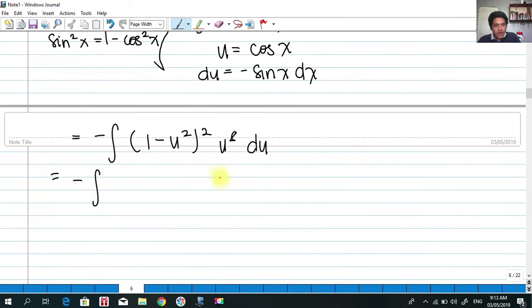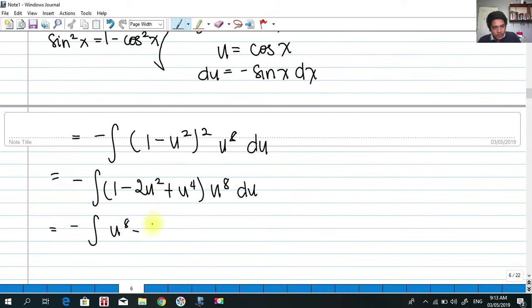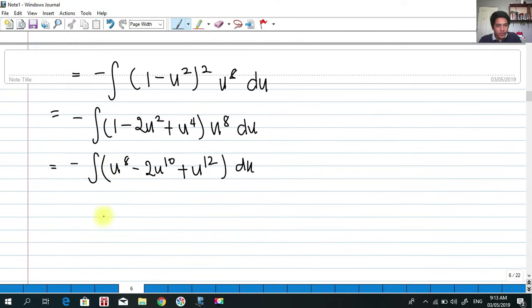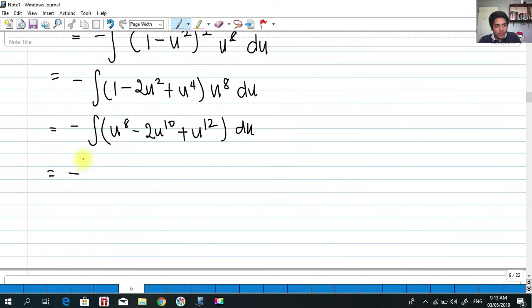So let's expand this. 1 minus 2u squared plus u raised to 4 times u raised to 8 du, and distributing the u raised to 8, we have u raised to 8 minus 2u raised to 10 plus u raised to 12. Okay, so that is still du.